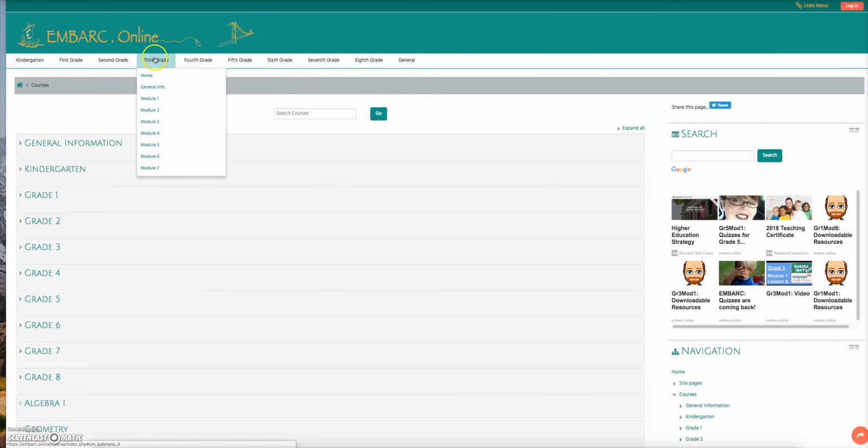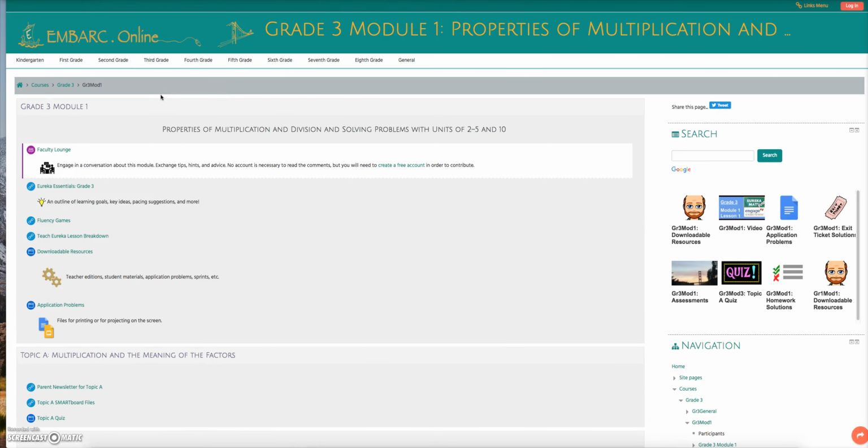I'm just going to go with the middle, third grade. If you go to the first module, I'm asking all of you to do that kind of on our guided work since it's still fairly early in the school year. If you go to Module 1, where it has downloadable resources, that's where you'll find the Teacher's Edition.